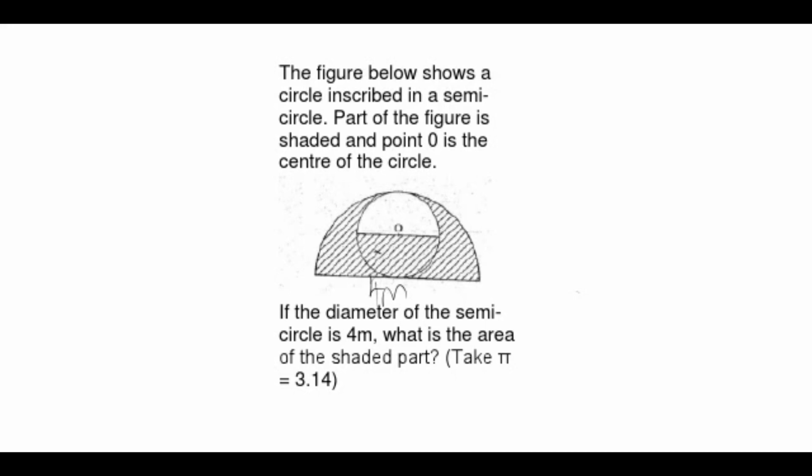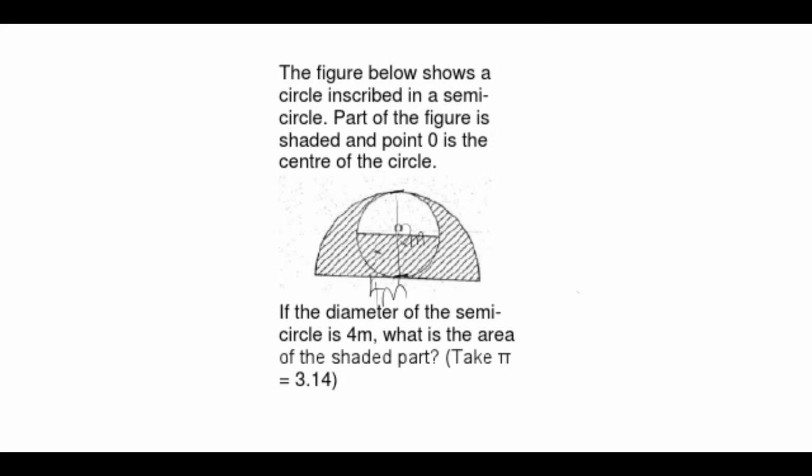Before that, we know that if the diameter of the semicircle is 4, then its radius will be 2. So from here up to here is 2 meters.